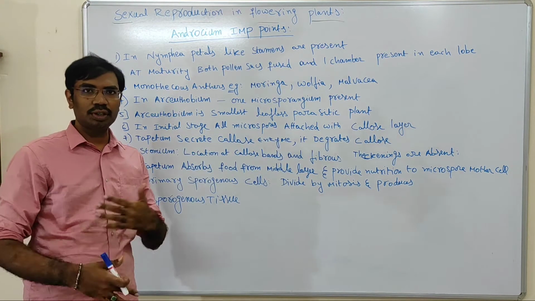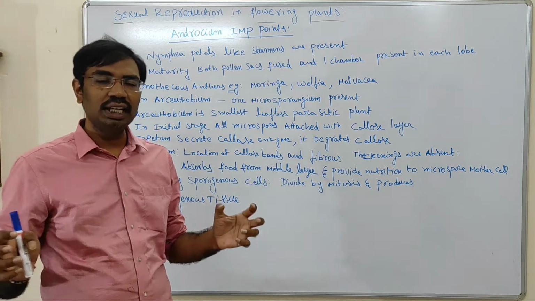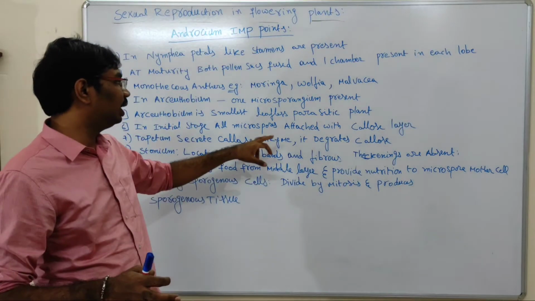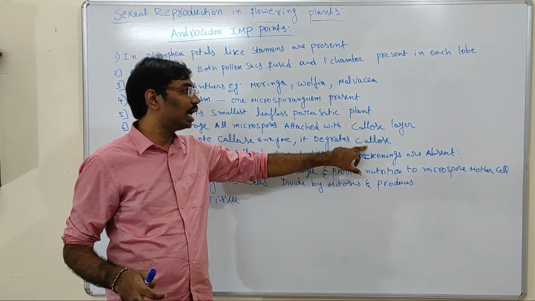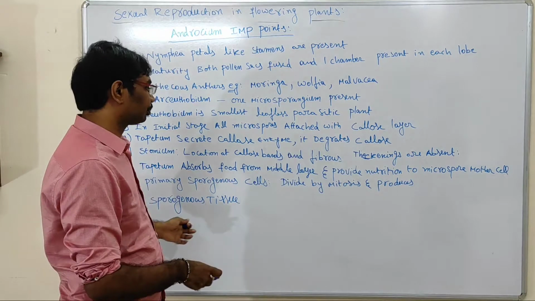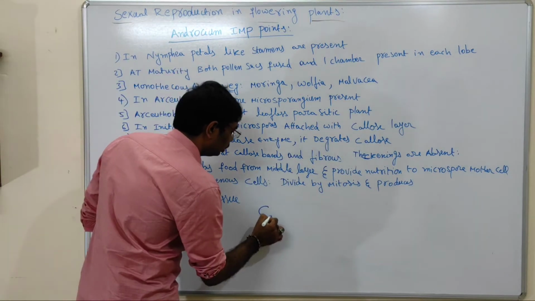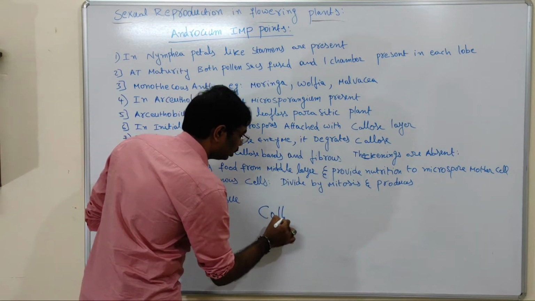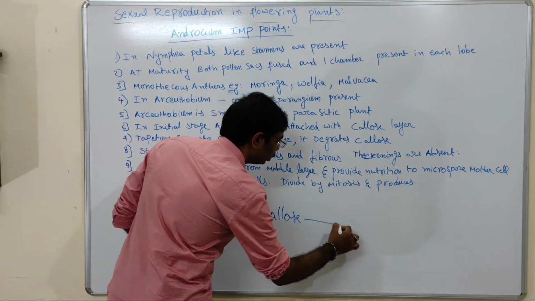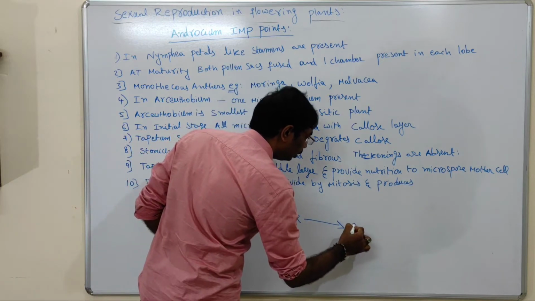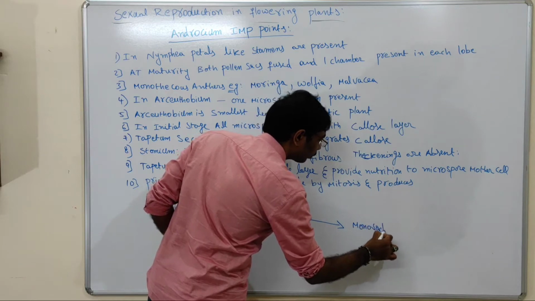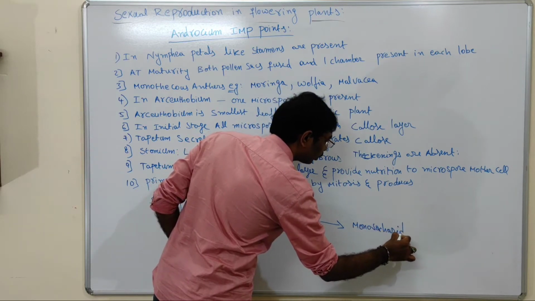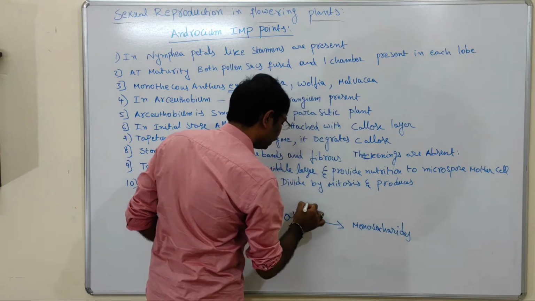During the maturation of the anther, this callose layer is digested or degraded by an enzyme. That enzyme is called callase. Callose is digested into monosaccharides by the enzyme callase.